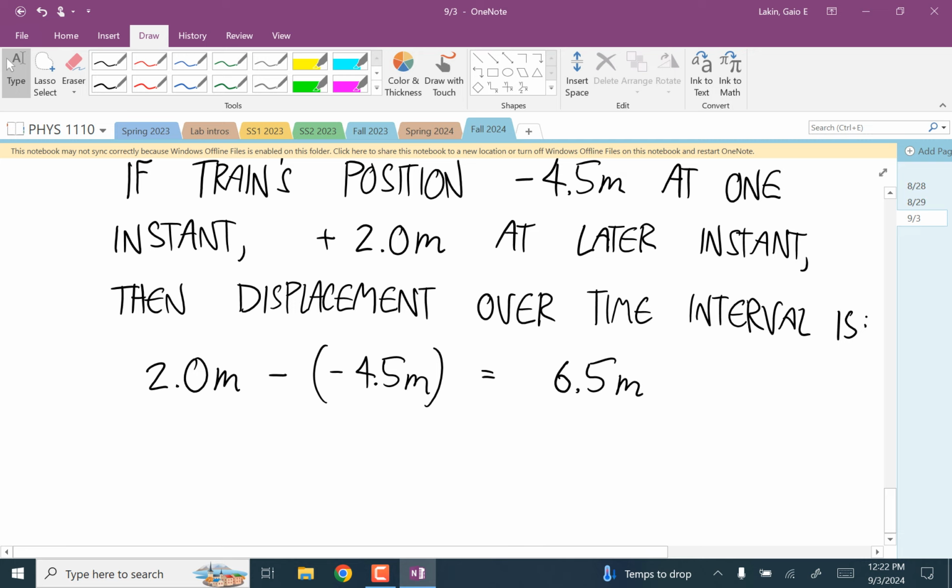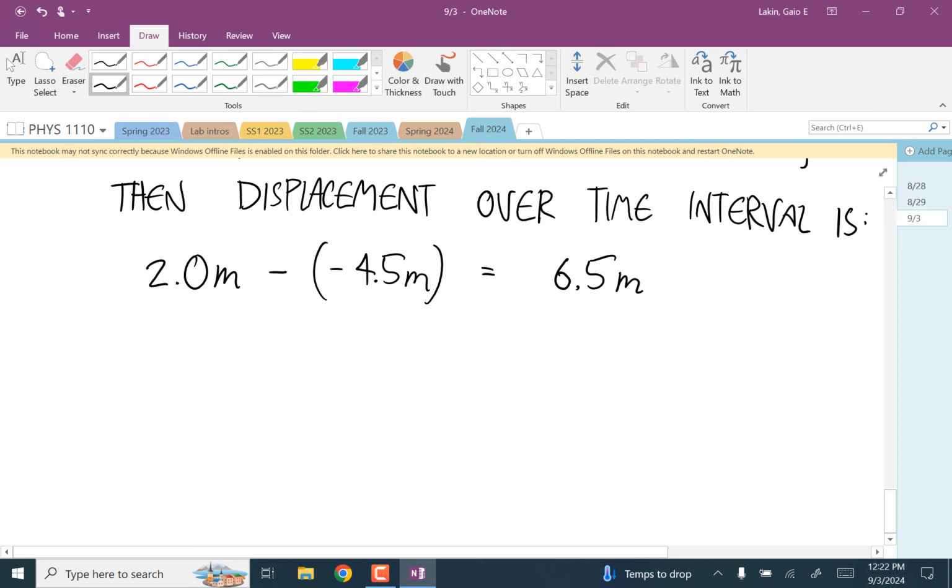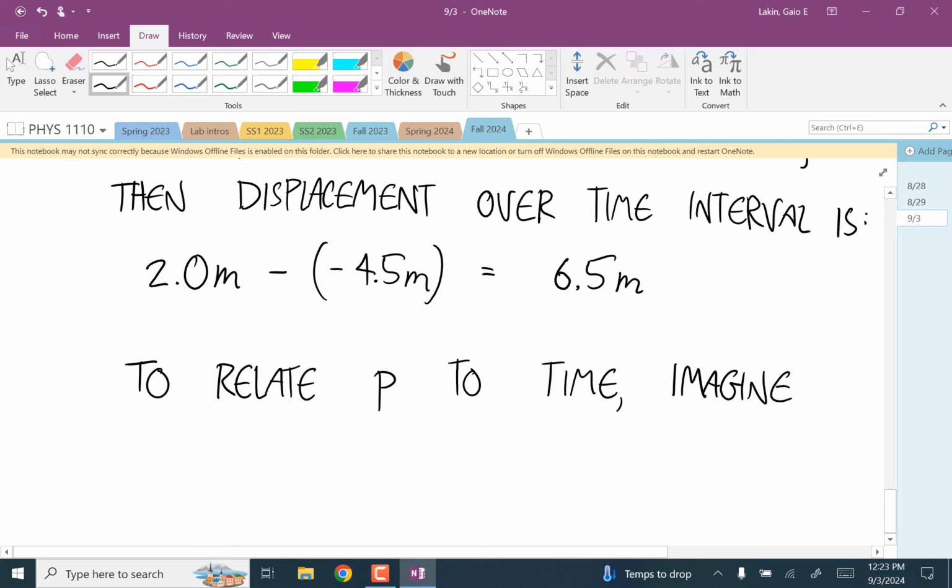Okay, so now we want to think about how the position relates to time. So to relate the position to time, we're going to imagine a stopwatch going as this motion happens.